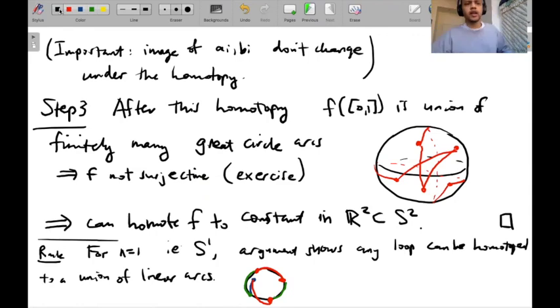So there's finitely many little piecewise arcs that are traversed monotonically around the circle, and at finitely many points you might reverse direction, but you can write any loop like this. But this map might be surjective. So here, f could be surjective, even after this homotopy.